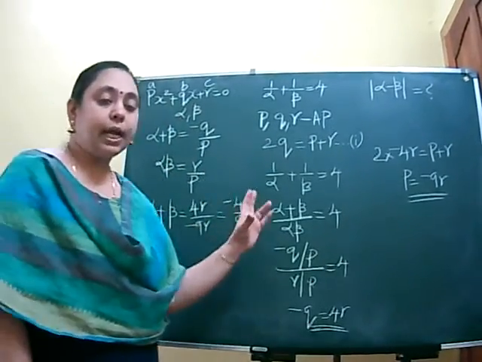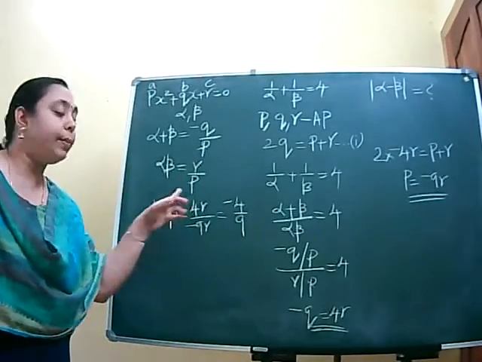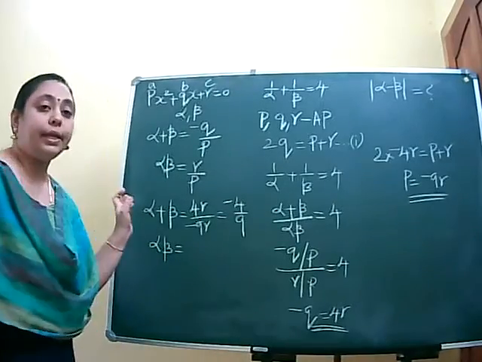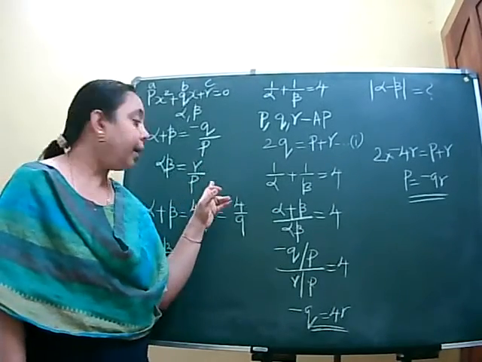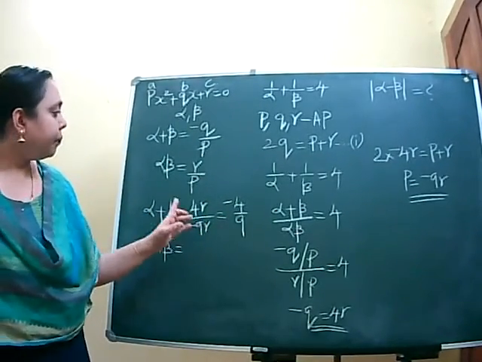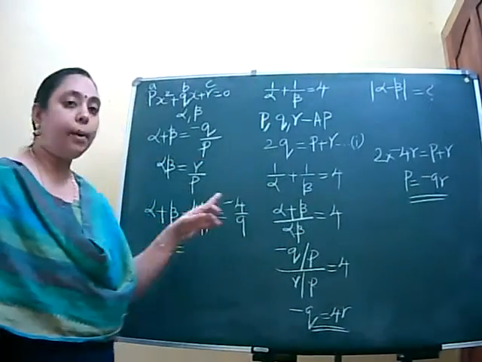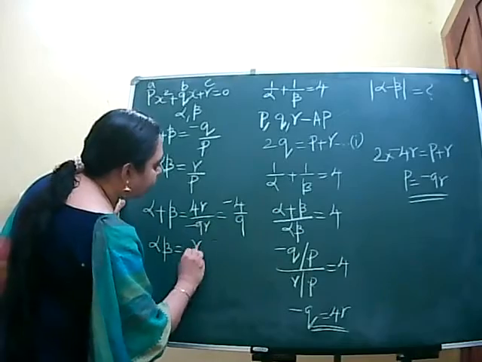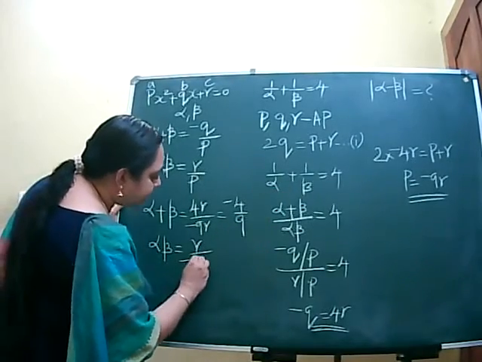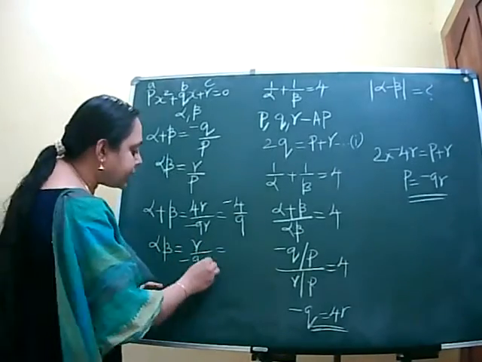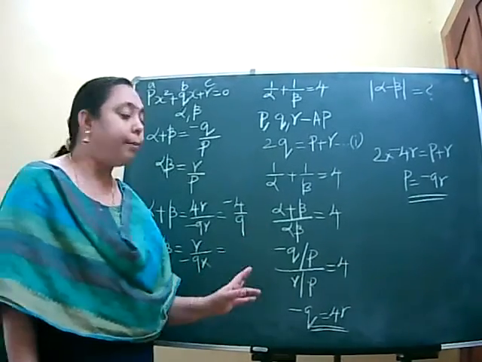Now we consider the product of the roots, alpha beta. Alpha beta is r divided by p. Here p is minus 9r. So this becomes r divided by minus 9r, and r gets cancelled and that becomes minus 1 by 9.